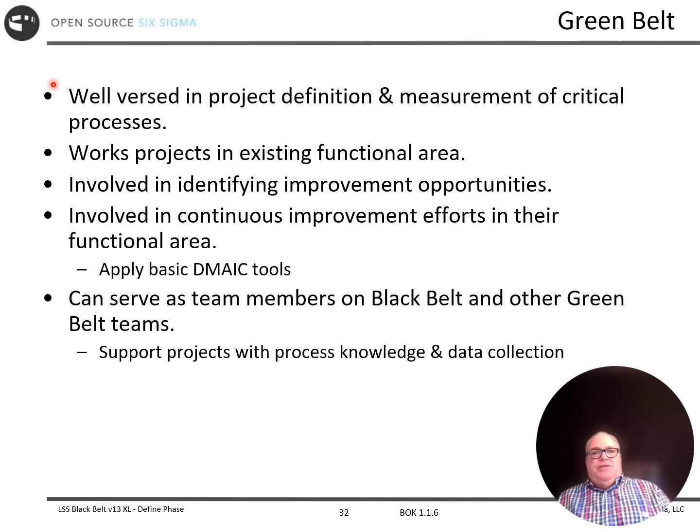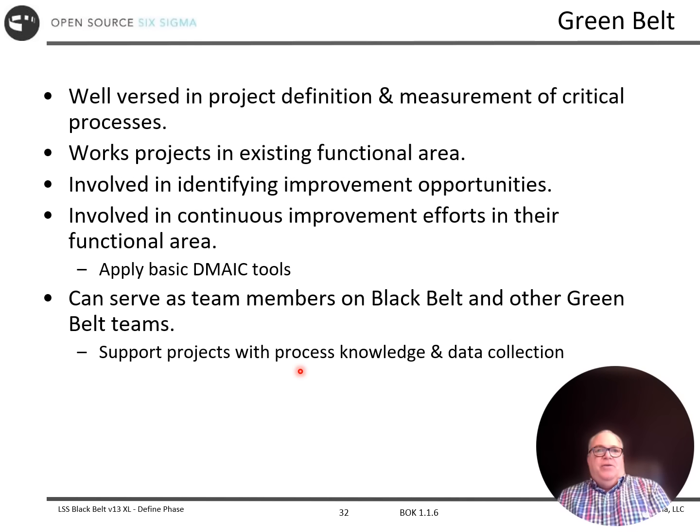So some organizations have masters and black and green and yellow belts. So if you decide to deploy green belts, they can do projects mostly in their business area. We don't train them in every single statistical tool to the level we're going to go through here in this class.